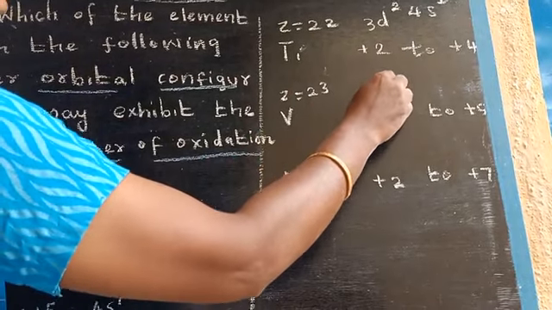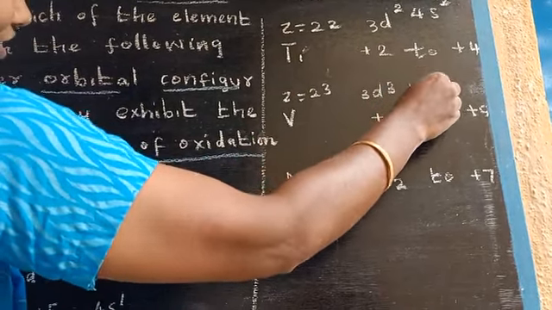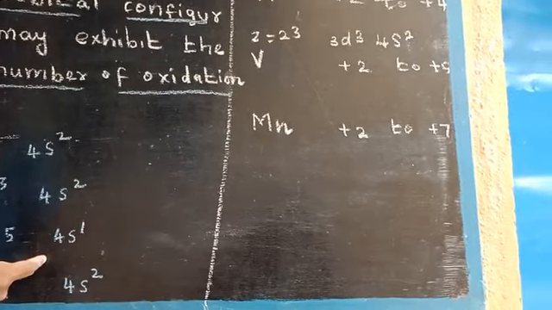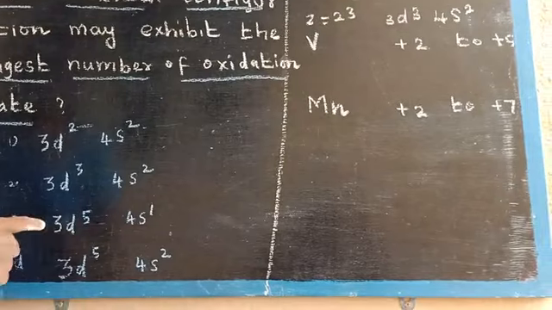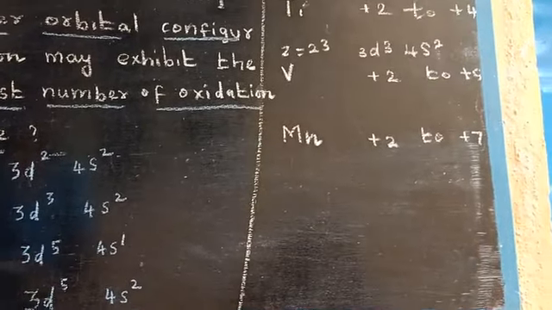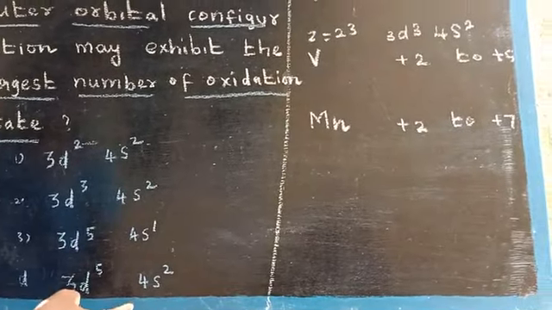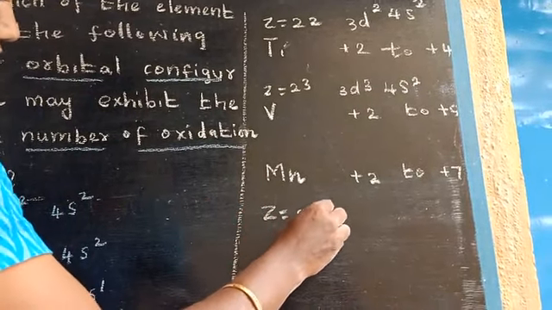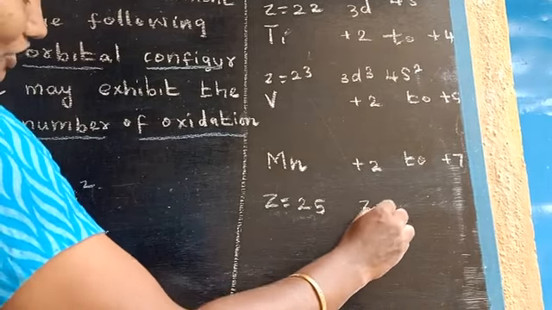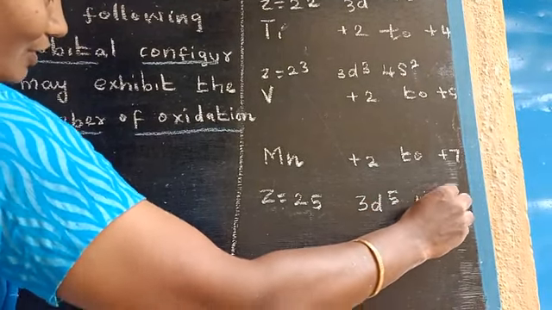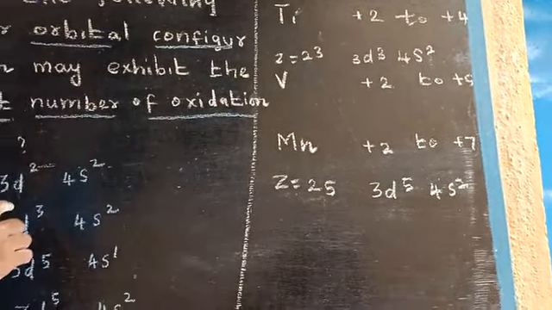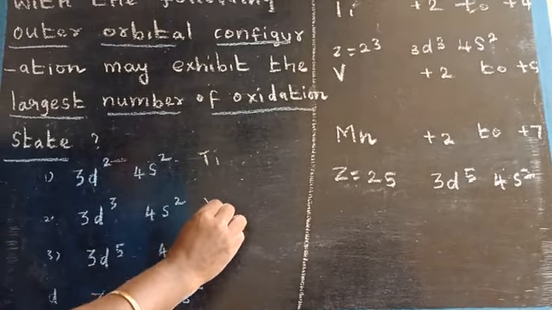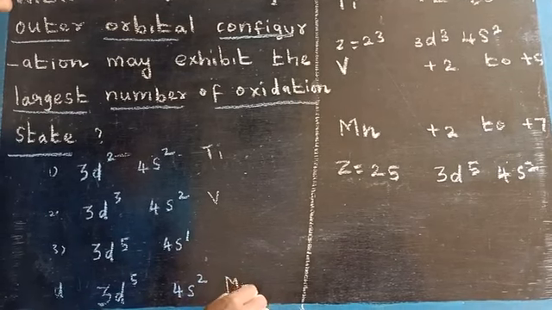Here 3d5 4s1 is given. Okay, children, so this one is wrong. Look at the pattern, it is wrong. So next one, 3d5 4s2, manganese, atomic number 25. To identify, the first element is titanium, the second is vanadium, this one is manganese.